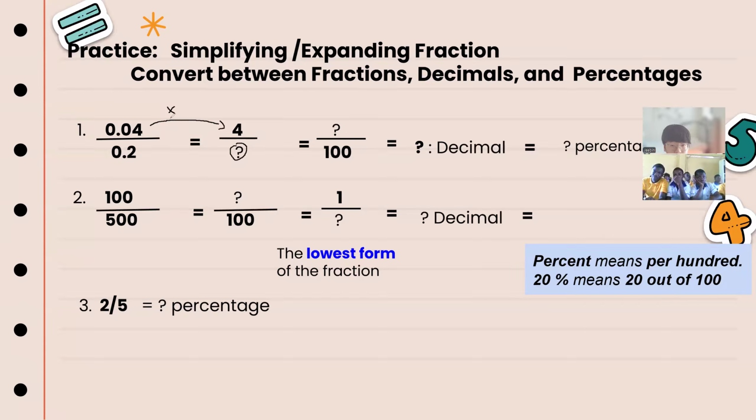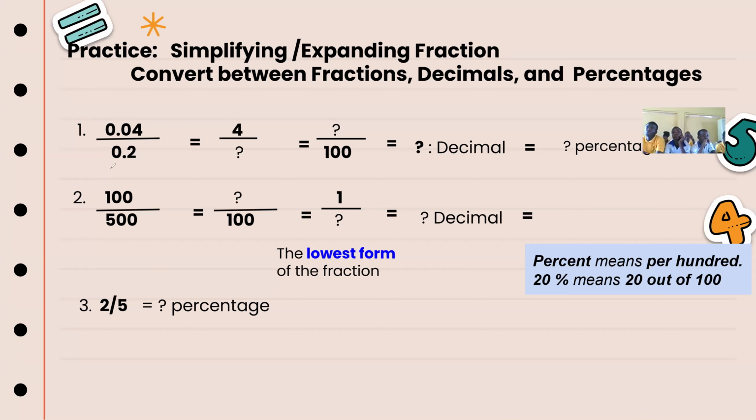So what do we multiply this top 0.04 by to get the number 4? Sorry if you couldn't hear before, but we were just talking about finding this number right here that is equal to the fraction of 0.04 over 0.2. If 4 over something is the same fraction, what is this something?